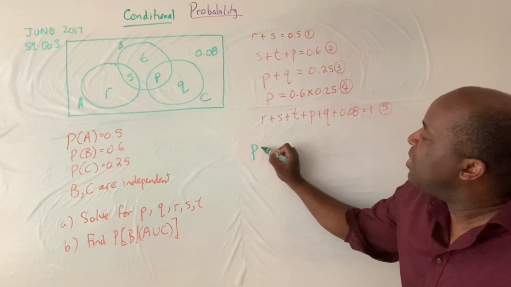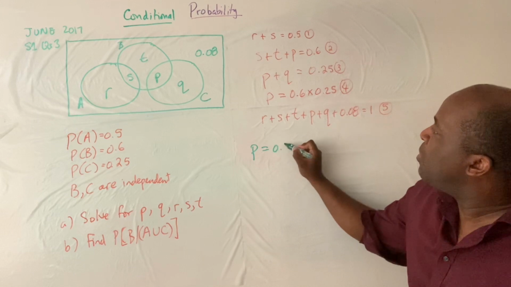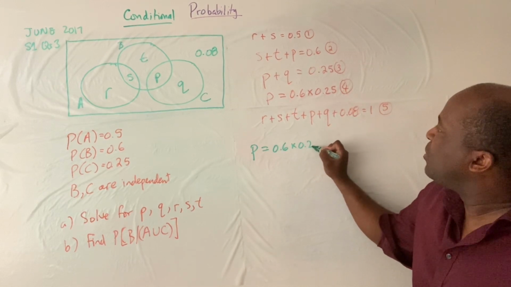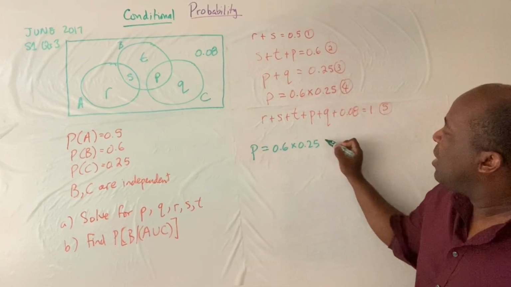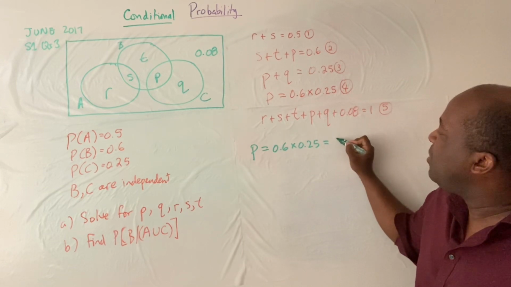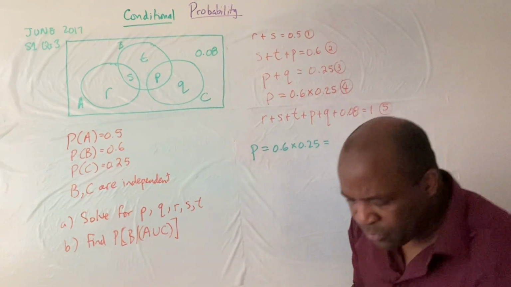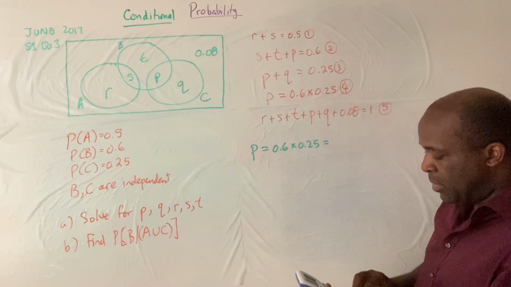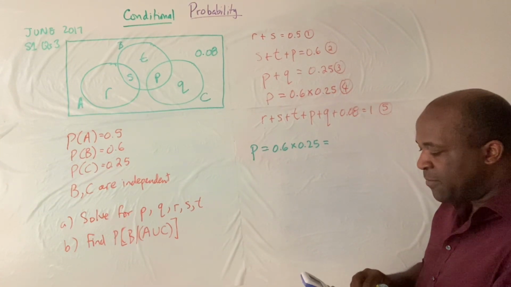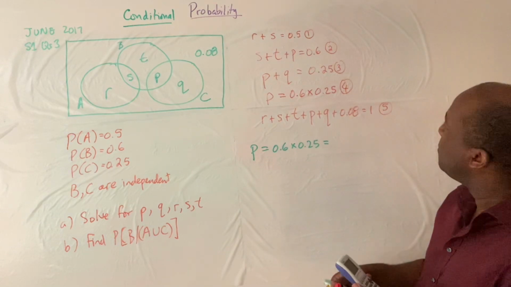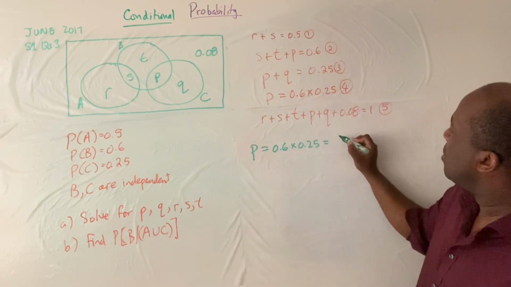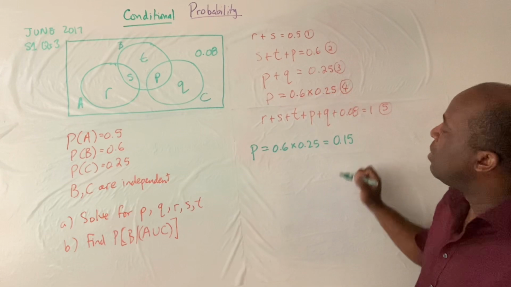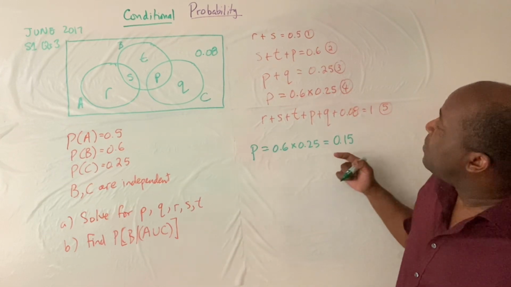We know that P is going to be equal to 0.6 times 0.25. All right, so that's going to be 0.12. Let's double check. 0.6 times 0.25, 0.15.